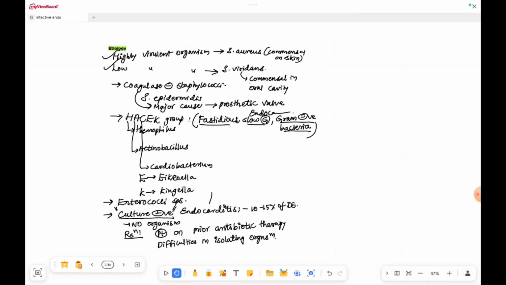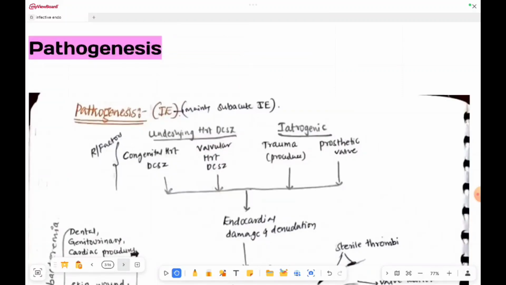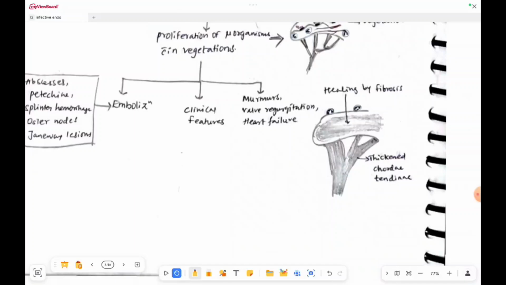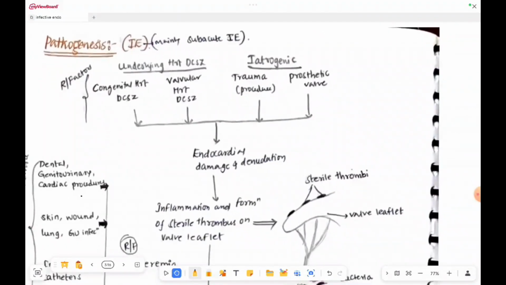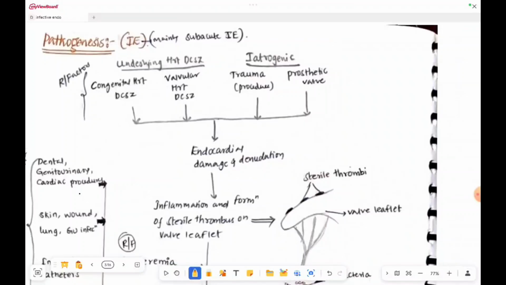Now let's go into pathogenesis. First we will discuss it from risk factors to clinical features. I have made this diagram so that it will be easy. First, risk factors. Risk factors are underlying heart diseases and iatrogenic causes.